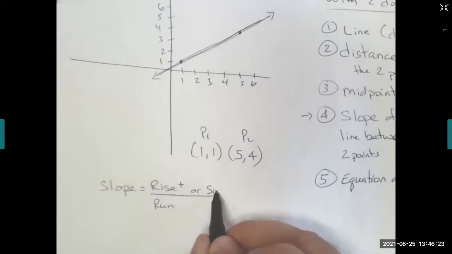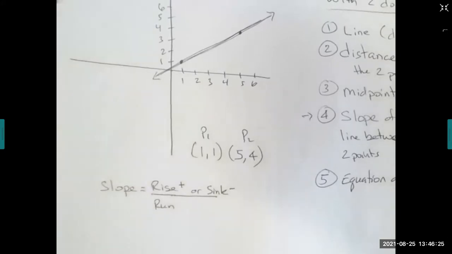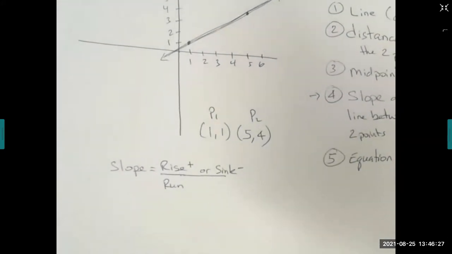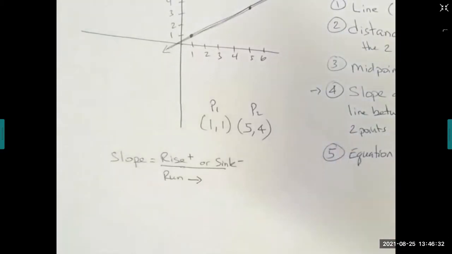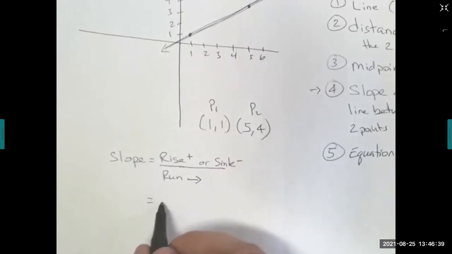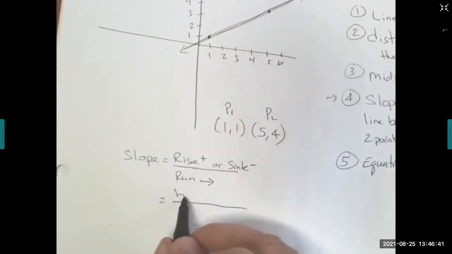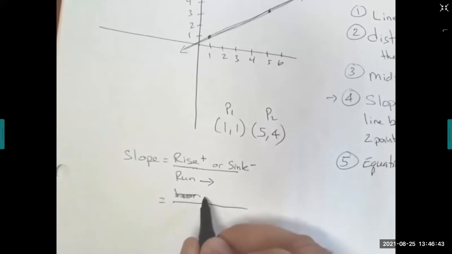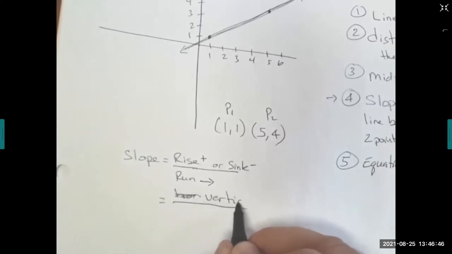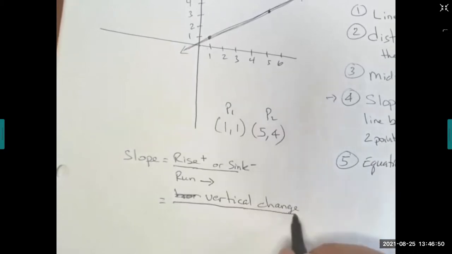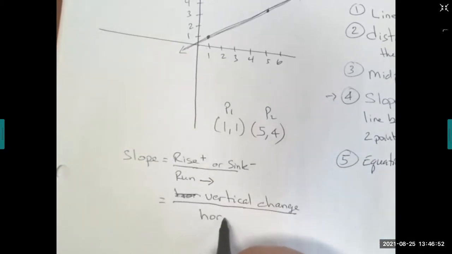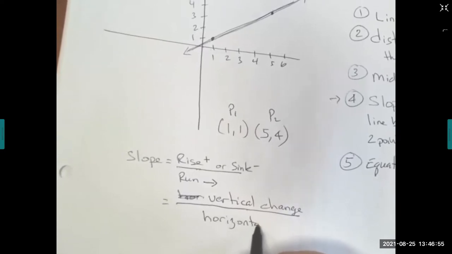If it's negative, it's a sink. It goes down. The run always goes to the right. So we have a vertical change over a horizontal change.